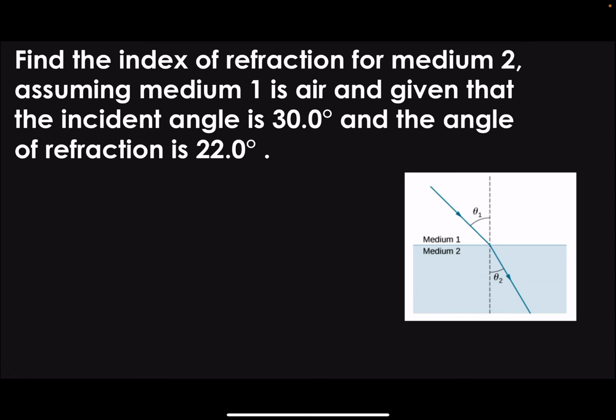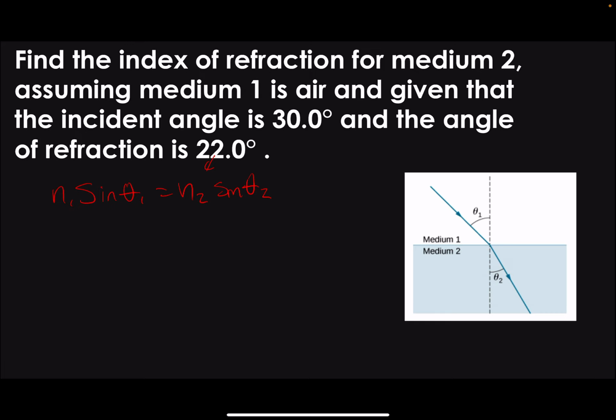We can practice a problem here, though. Let's say we find the index of refraction for medium 2, assuming medium 1 is air, and given that the incident angle is 30 degrees and the angle of refraction is 22 degrees. So let's write Snell's law. Index of refraction for medium 2, we're looking for this then.